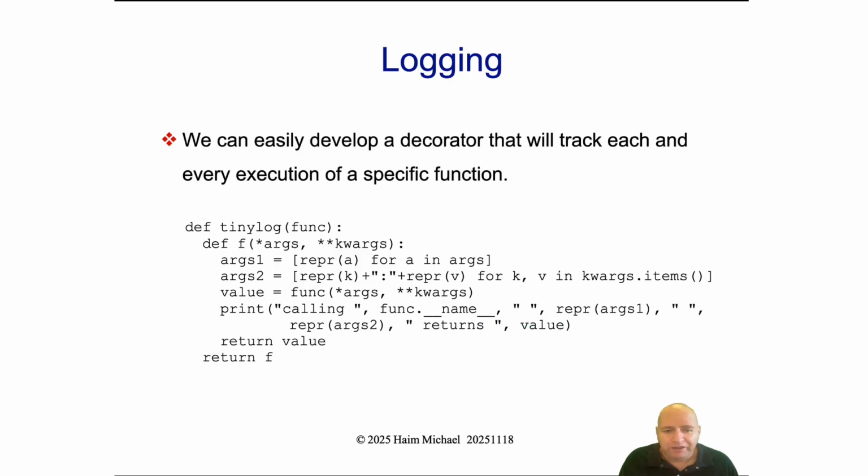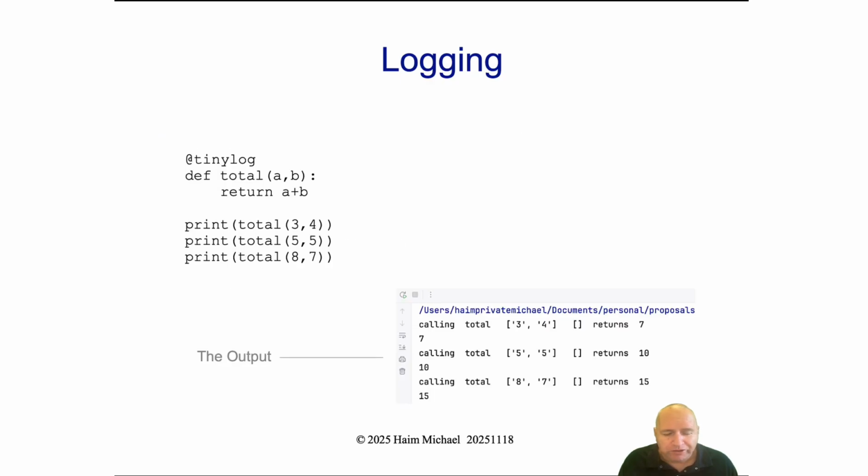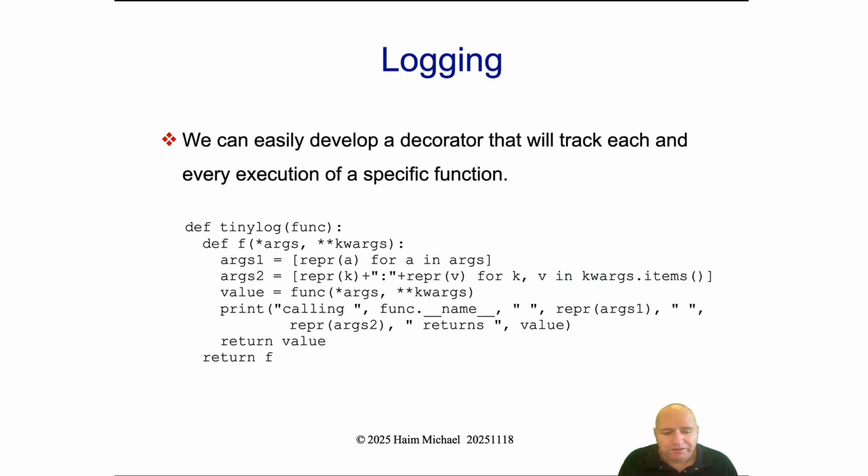Here's another real-world code sample, a small decorator. Its name is tinylog. Now we can decorate other functions with tinylog, and whenever a function we decorated, in this code sample total, is invoked, actually the function that will be invoked is the function f that was defined inside tinylog and was returned when tinylog was invoked.